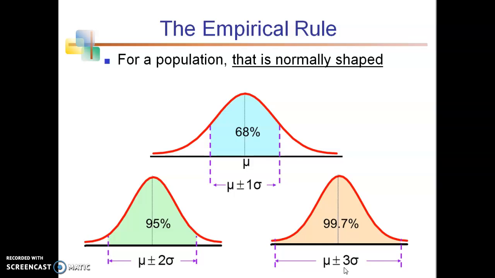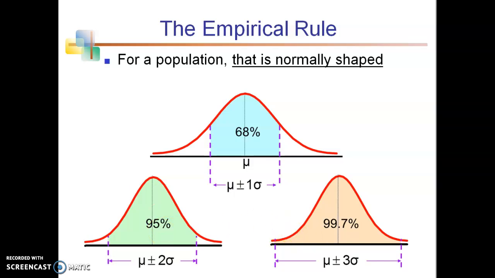Now, let's compare these two to Chebyshev's theorem. We can't compare this one because remember, Chebyshev's theorem only works for standard deviations greater than 1. So we can't look at a standard deviation of 1 and derive a percentage. But we can compare this one and this one.